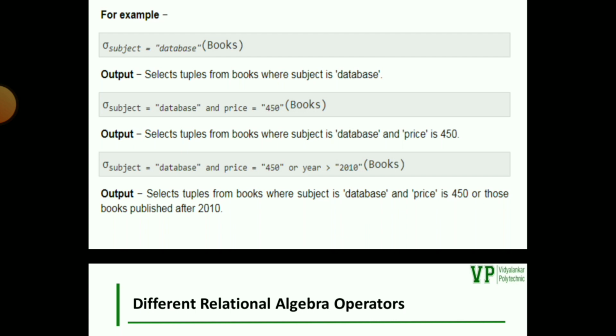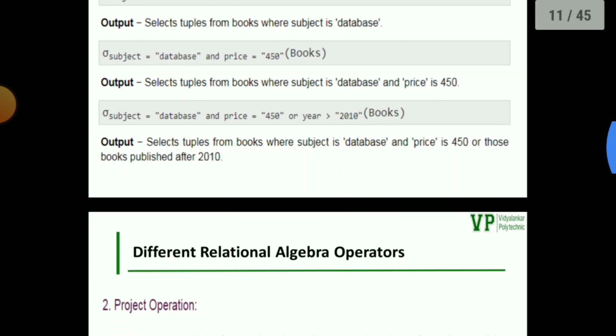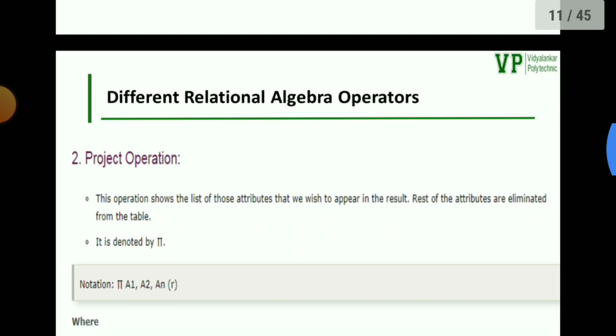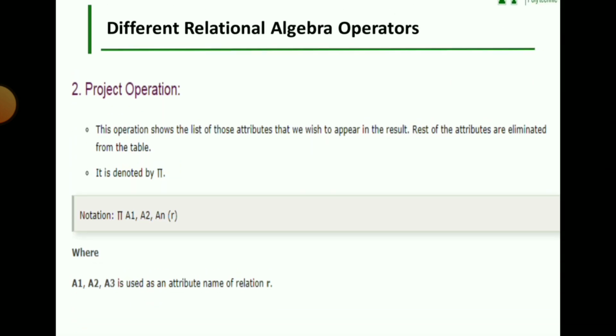So what will it do? It will select the row, or we mainly call it a tuple, from the books table where subject is database and price is 450. Okay. Try to understand the third query by yourself so that it becomes easy for you. If you don't understand, let me know in the comment section, I'll explain it.